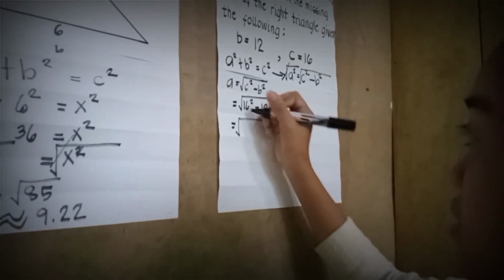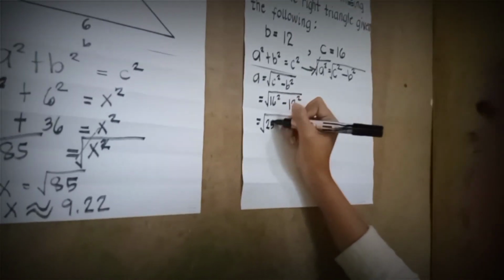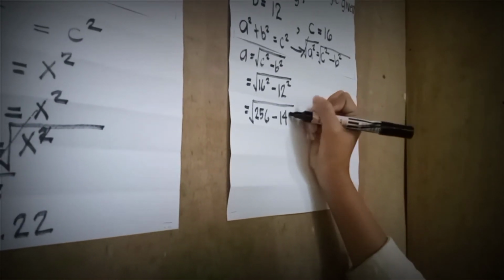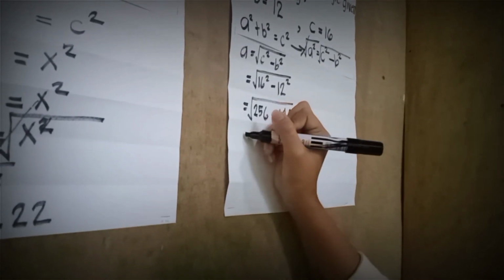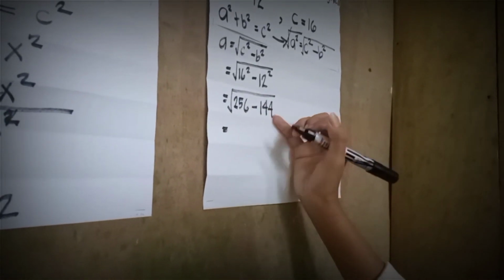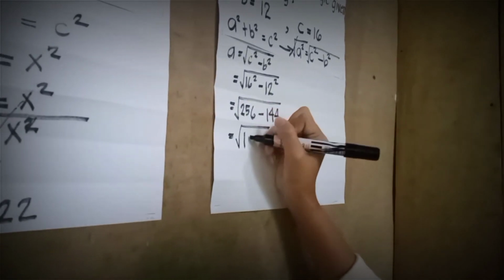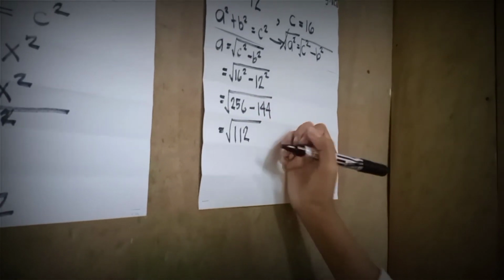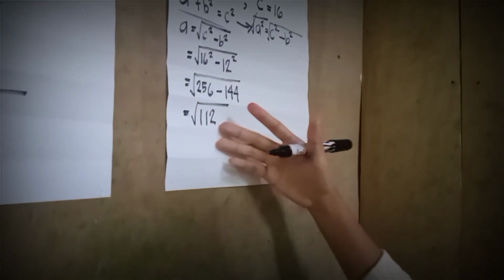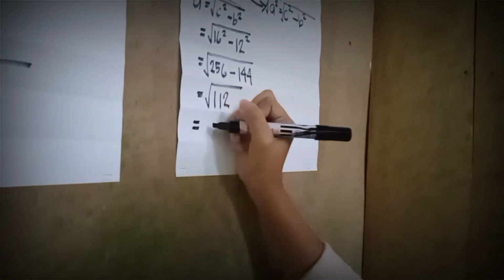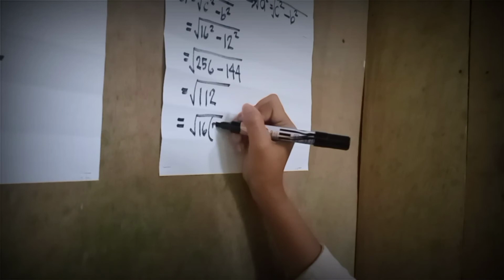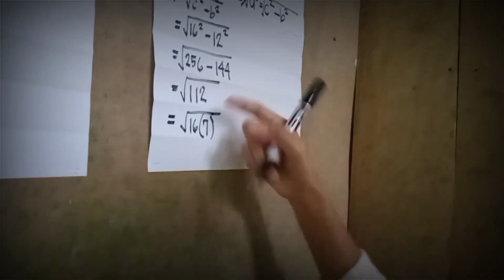Simplify. 16 squared is 256, minus 12 squared, 144. So, 256 minus 144, we have the square root of 112. To simplify 112, we find values such that 16 times 7 is 112.